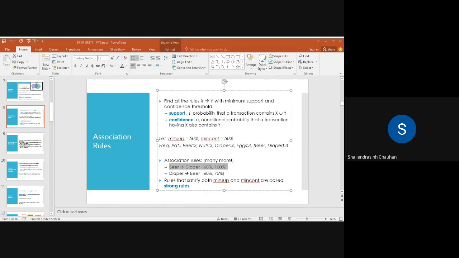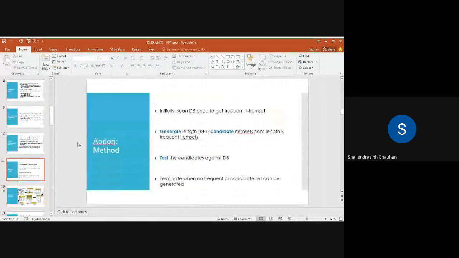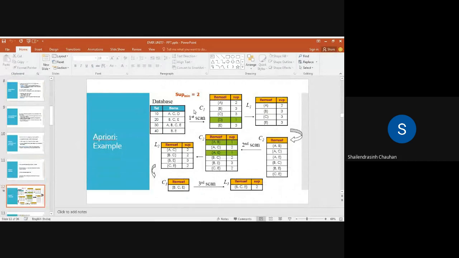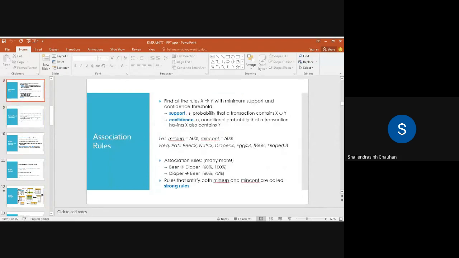That means in the transaction table, out of all the transactions, let us say you have 100 transactions, the meaning of support 60% is that beer and diaper both are there in at least 60% of transactions.